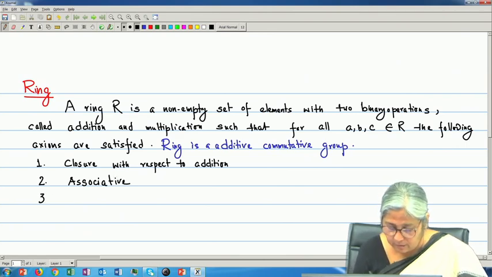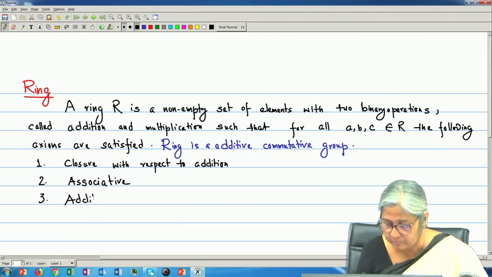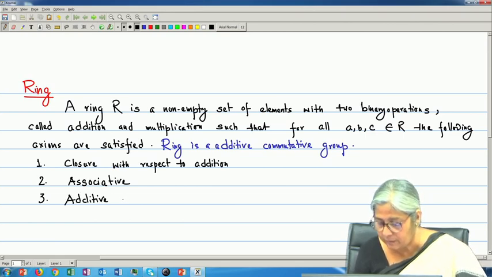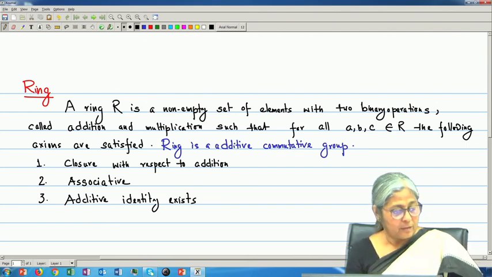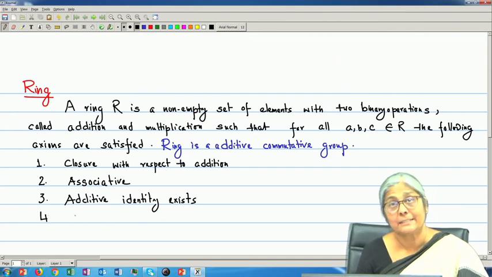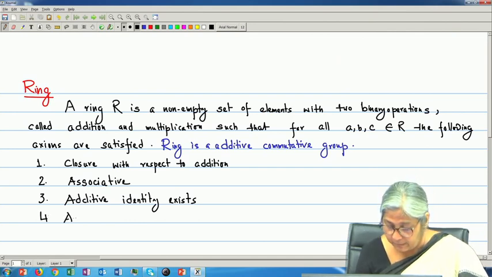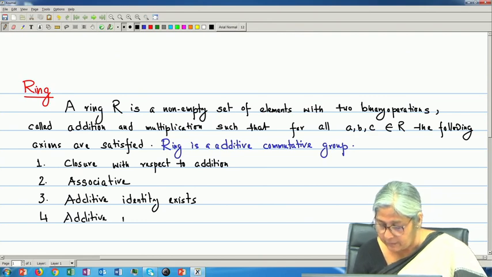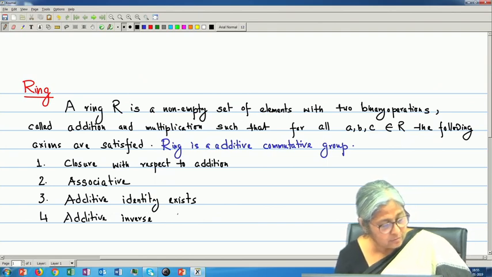Then the additive identity exists, and since it is a group, the additive inverse also exists.